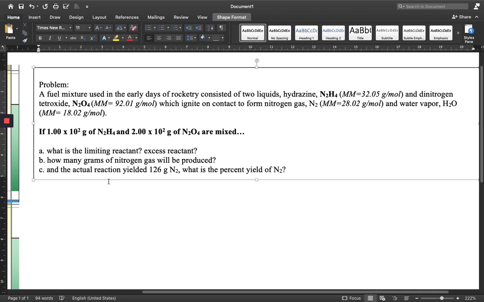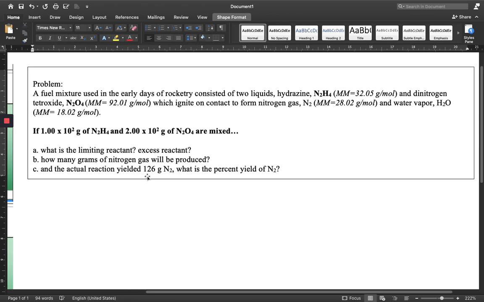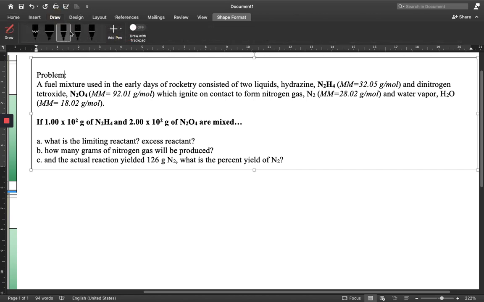And given an actual reaction yield, you may be asked what the percent yield is. All right, so let's start. The first thing that we need to do is to formulate our chemical equation. Right, so let's have a drawing here.